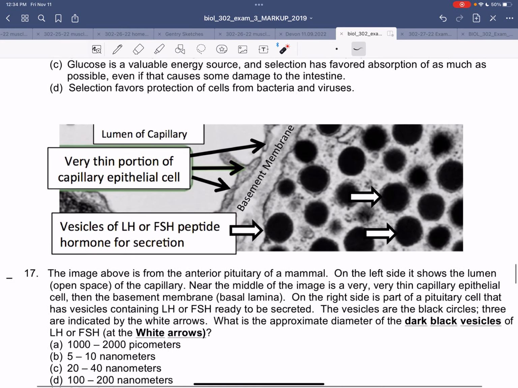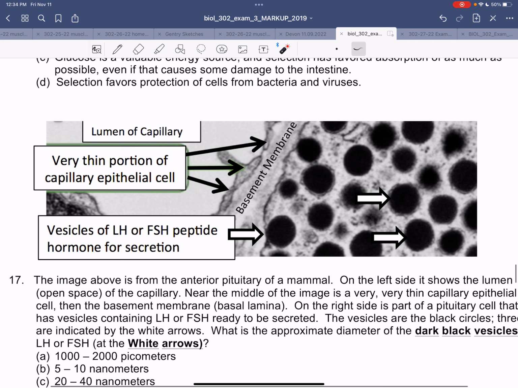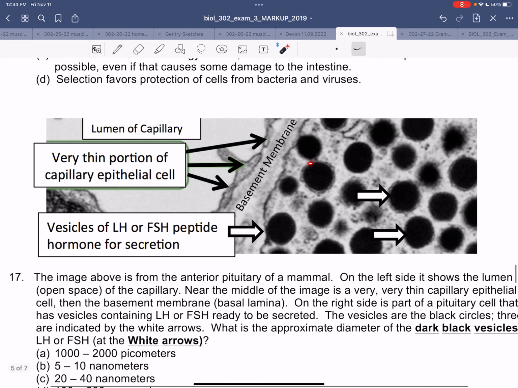I briefly talked about this one to figure out how big are these. So this is part of an LH or FSH secreting cell. These are LH in vesicles ready to be released. So you can see this gray stuff. So the protein here is very tightly packed.